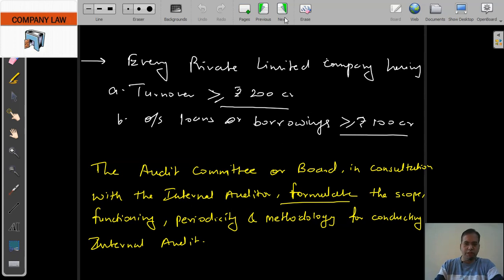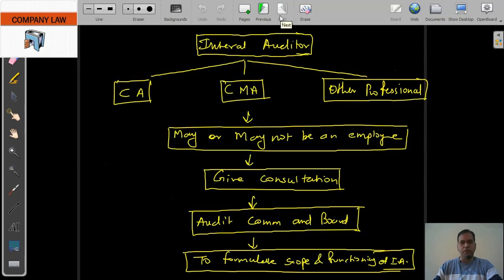And this chart, I think you must note it down, so that in a chart you can get a proper idea of what is the role of the internal auditor.